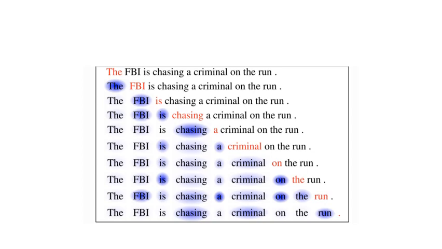Let's see if I can explain it here. We have a word representation for each of these words. Let me call this X. I have a word representation, which is a vector. For the, I have a vector, for FBI, I have a vector, and I have a vector for is. This is my word representation.